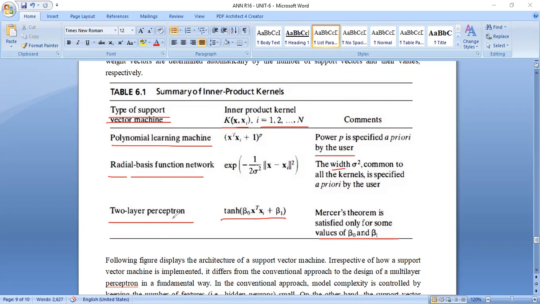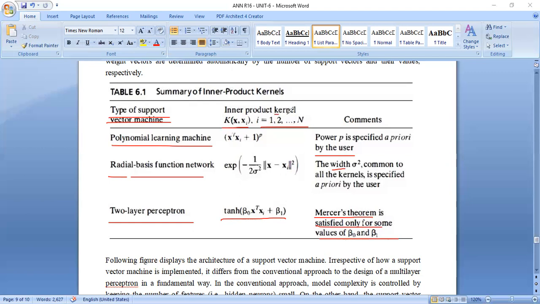Any one of these three functions can be used as the inner product kernel in the architecture of a support vector machine, right?